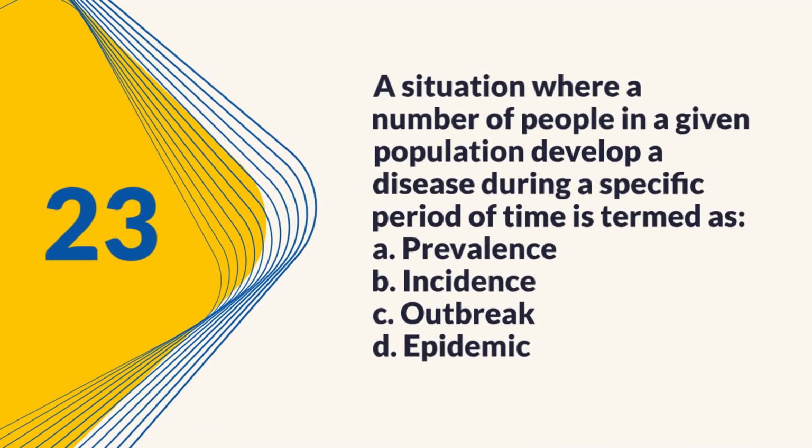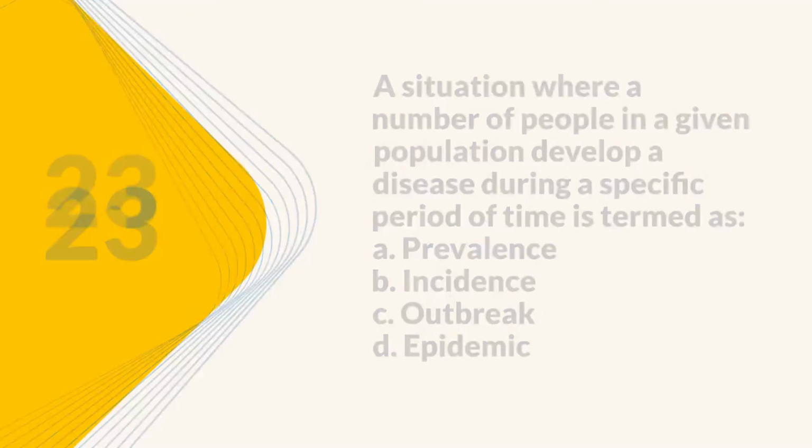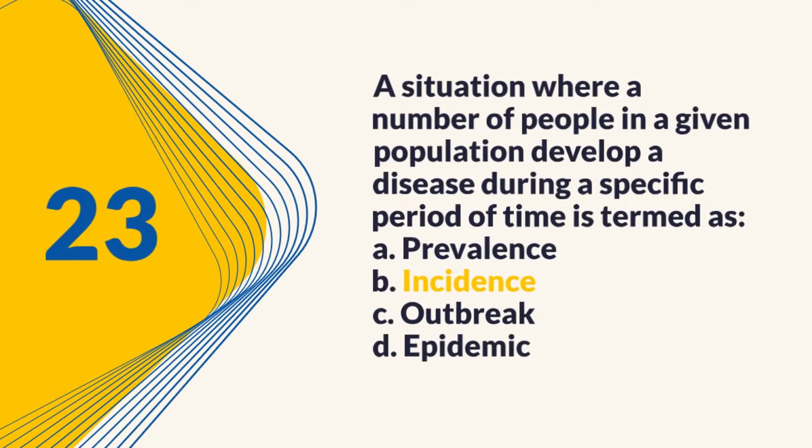23. A situation where a number of people in a given population develop a disease during a specific period of time is termed as A. Prevalence, B. Incidence, C. Outbreak, D. Epidemic. Answer: B. Incidence.